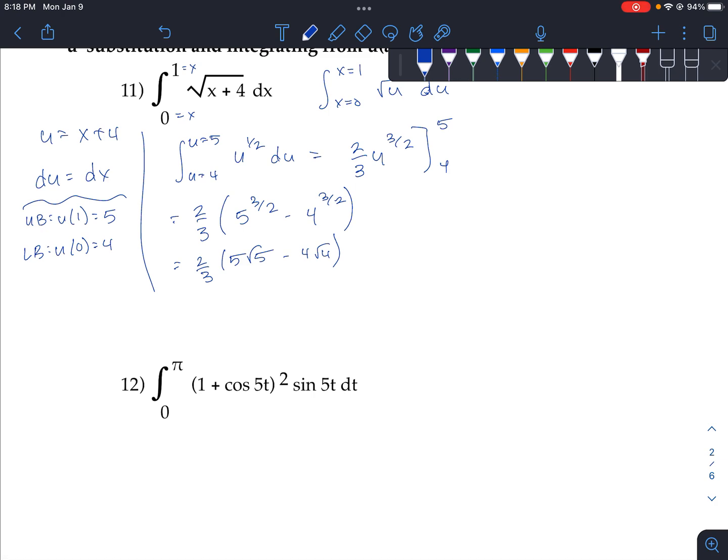Okay, but square root of 4 is 2, and so that's going to result in 8. So this is going to be equal to 2/3 times 5 square root of 5 minus 8. Distribute the 2/3 to both of those. So that's going to be 10 over 3 square root of 5 minus 16 over 3. And that should be your solution right there.